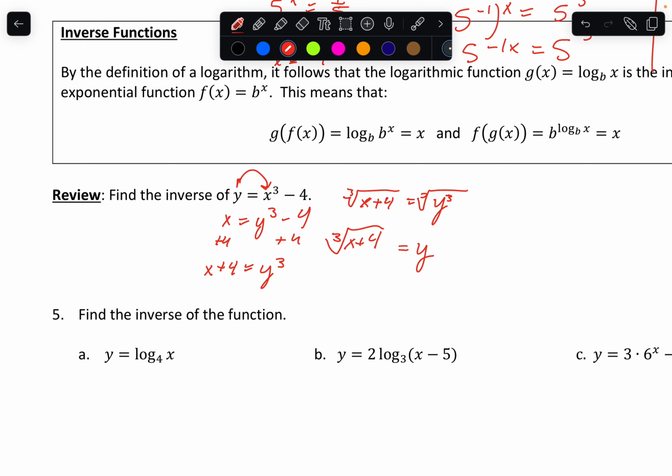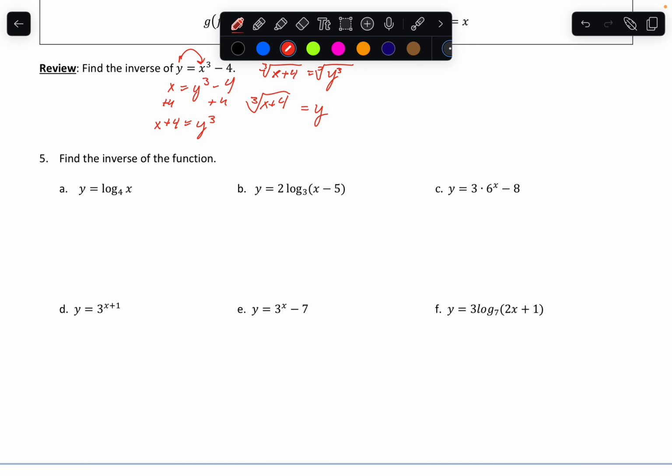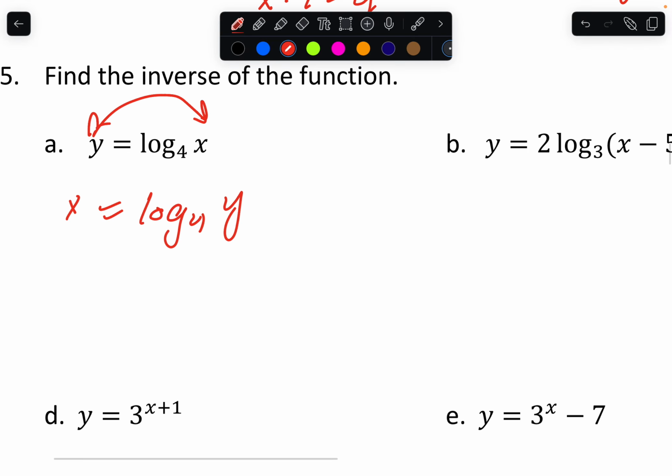Well, it's the same deal here. You're swapping the x and the y and then just solving for y. So the first thing we'll do here is just switch these two, and I'll get x equals log base 4 of y. The way that we're going to solve this is to put it into exponential form.